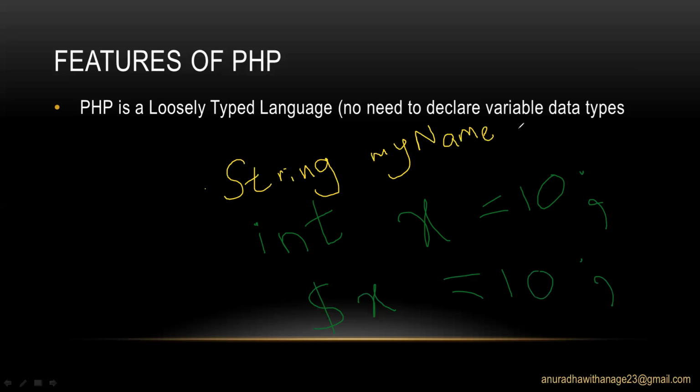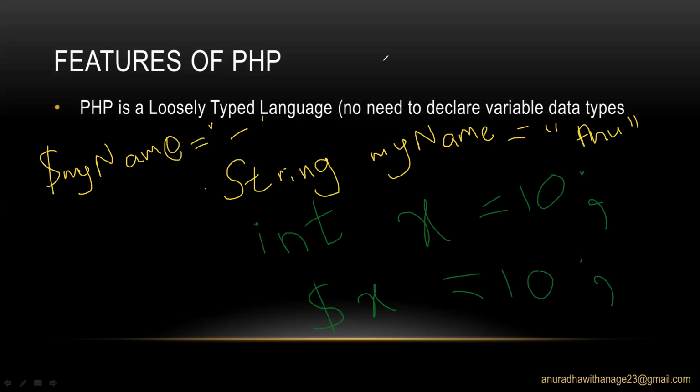Within double quotes, I'm writing a name. Then if I write it in PHP, see how I'm going to declare: $myName. That's all, and you can write the name here.